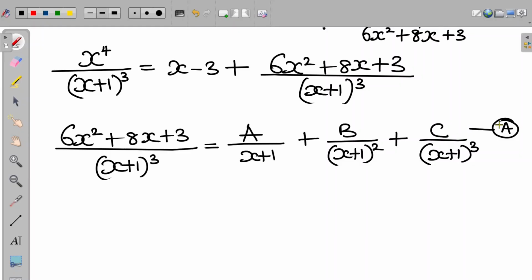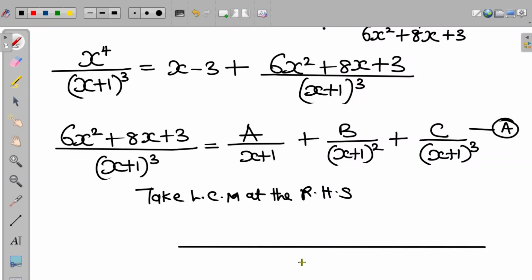Now the next step we take here is that we take LCM at the right hand side. So if we take LCM here, our LCM is (x plus 1) all raised to the power of 3.